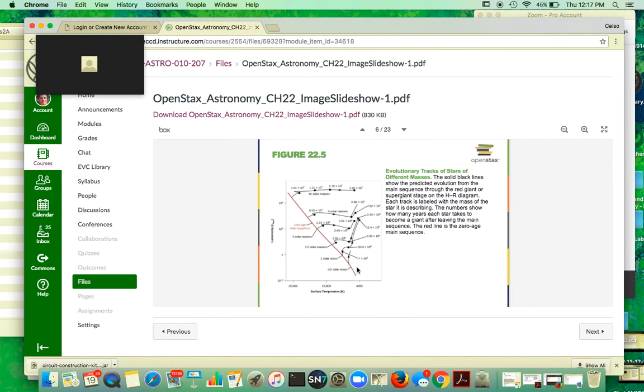And let me show you in this diagram what I mean. So this line over here is the locale where stars are currently undergoing this process of fusion reaction, hydrogen into helium in the core. And this is the so-called HR diagram, Hertzsprung-Russell diagram.